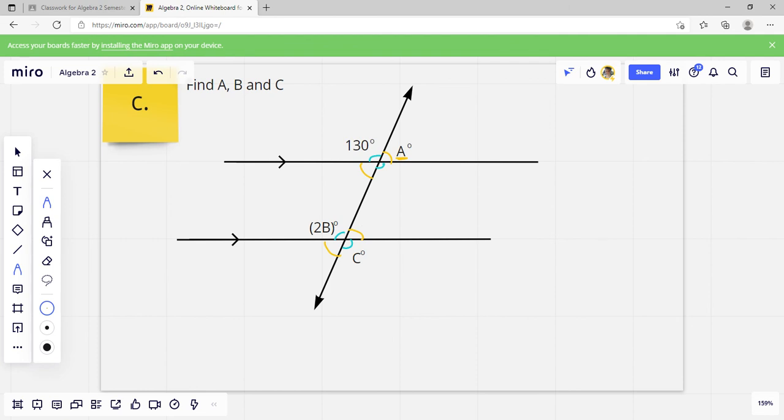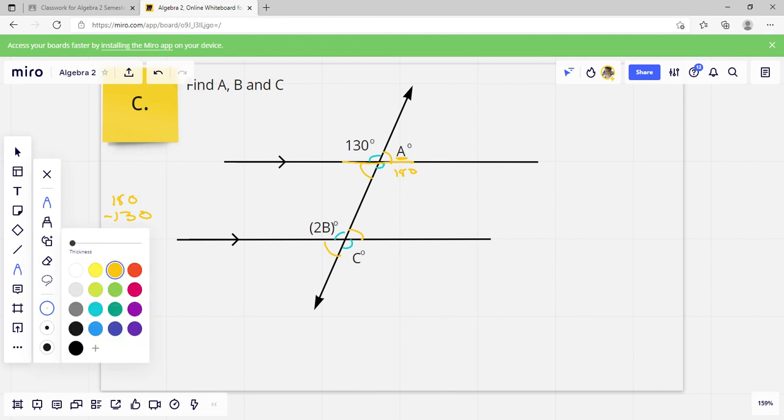So to find A, we know that if we go straight across this, that's going to be 180. So we need 180, take away 130, because this big one is 130. And that's going to be 50.